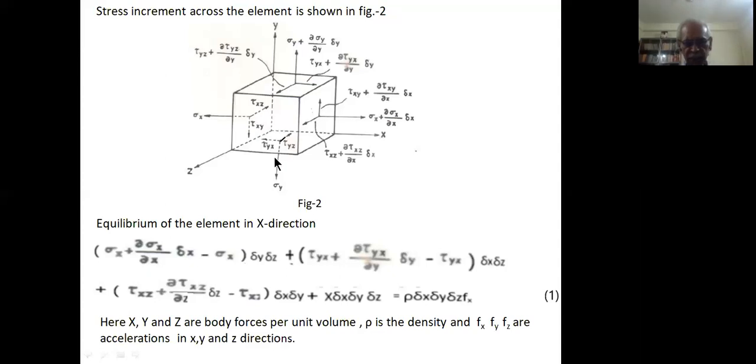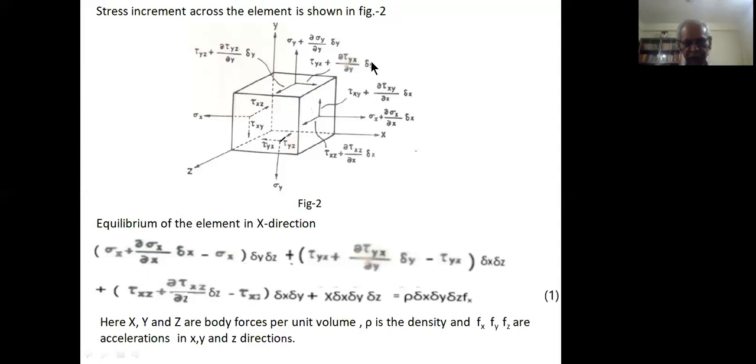Sigma y in the bottom face is acting downward, whereas sigma y on the top face is acting upward to balance, but there is an increment: sigma y plus del sigma y by del y into delta y. And tau yx or xy is acting from right to left here, but on the top face it is acting left to right, but with an increment tau yx plus del tau yx by del y into delta y, because it is acting in the y direction.